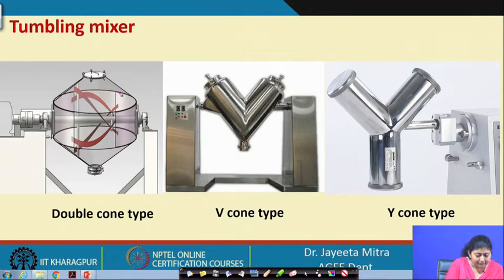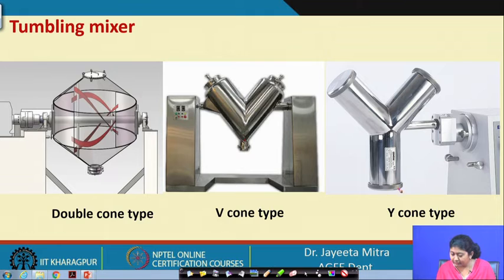Double cone type is this one, and there are spiral blades also, which help to initiate proper mixing. And there is the V cone type. V cone type is this one, and these can also revolve freely.